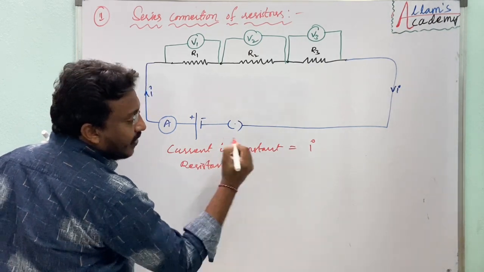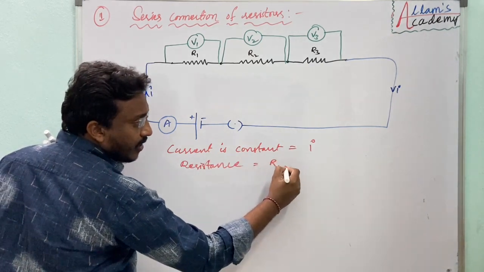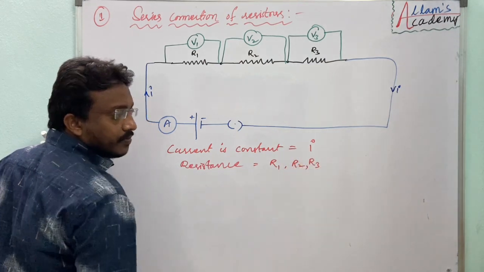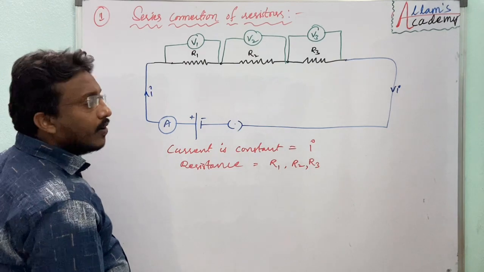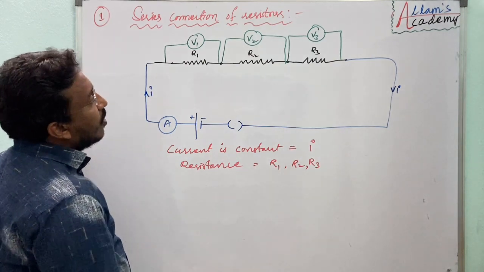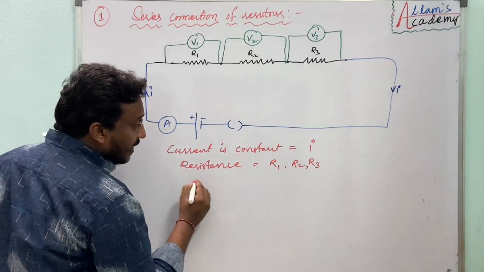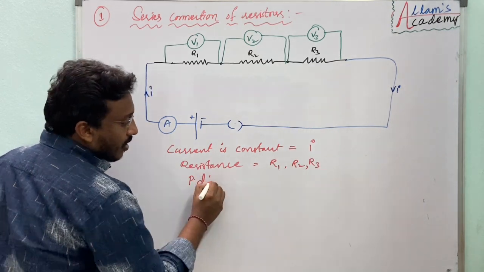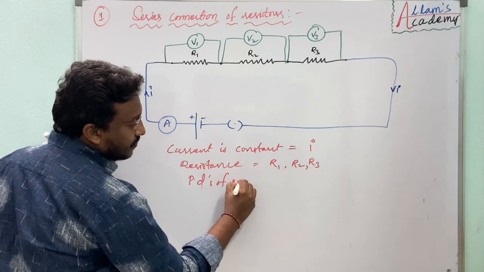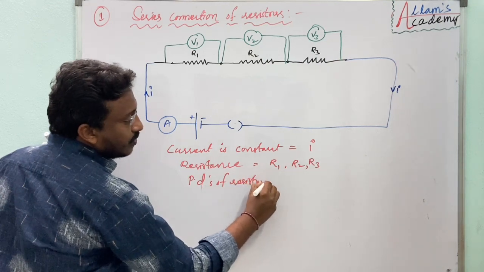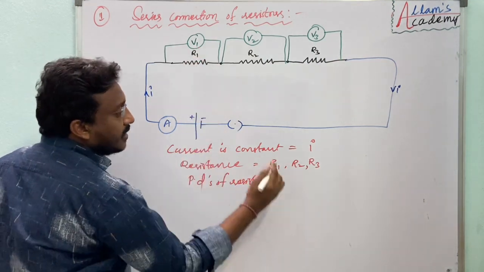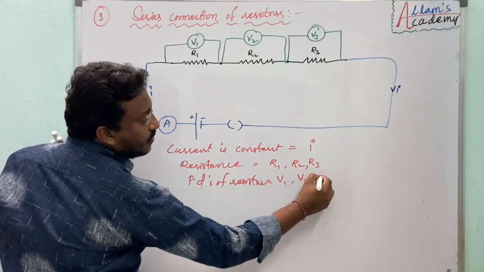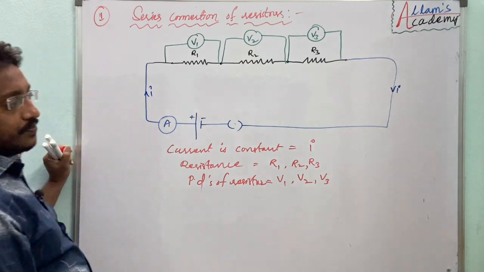What about the resistors? The resistances of the resistors are R1, R2 and R3. What about the potential difference? The potential differences of the resistors: with R1's resistance, the potential difference is V1, R2's is V2 and R3's is V3.